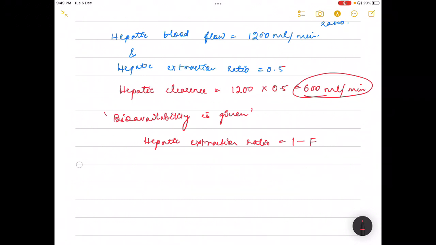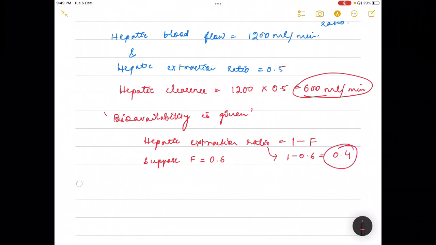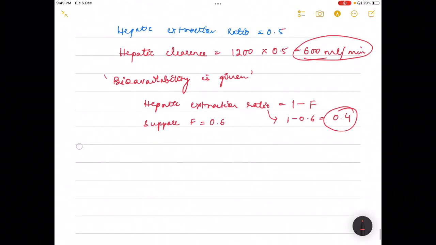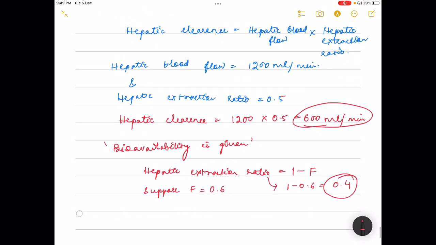F denotes bioavailability. Suppose bioavailability is given to be 0.6. Then what is the hepatic extraction ratio? 1 minus 0.6 is equal to 0.4. Then we can proceed to calculate the hepatic clearance. So this was all about hepatic clearance.